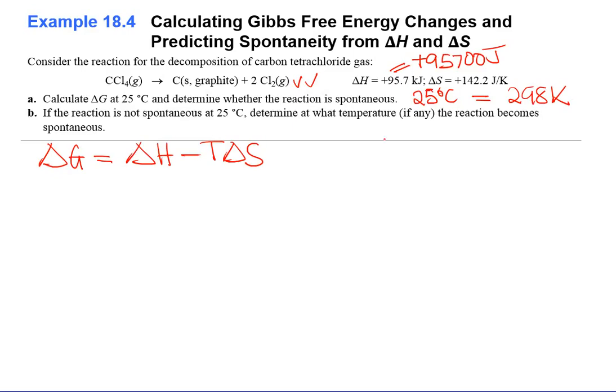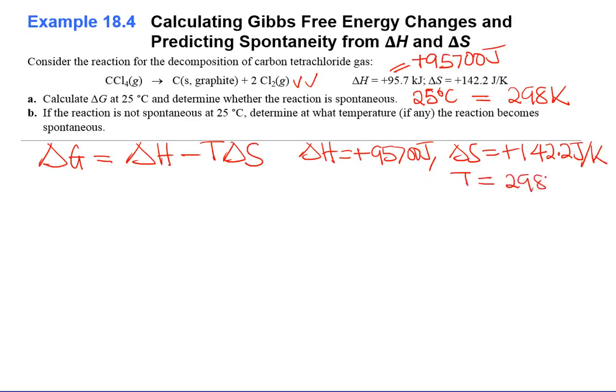So in this case, we can say that our delta H is plus 95700 joules. Then we have delta S, which is plus 142.2 joules per Kelvin. And we have temperature, which is 298 K. So when given these three parameters to determine the delta G, you just plug them in here.